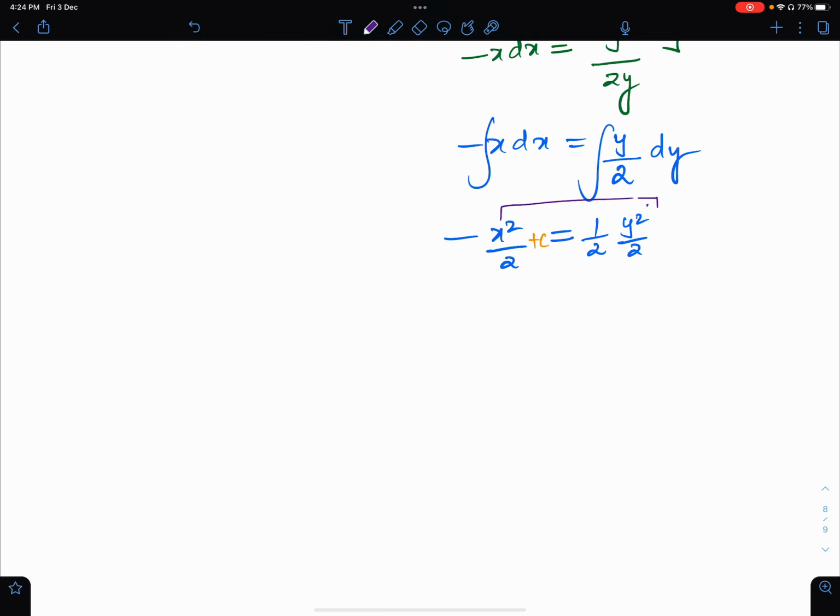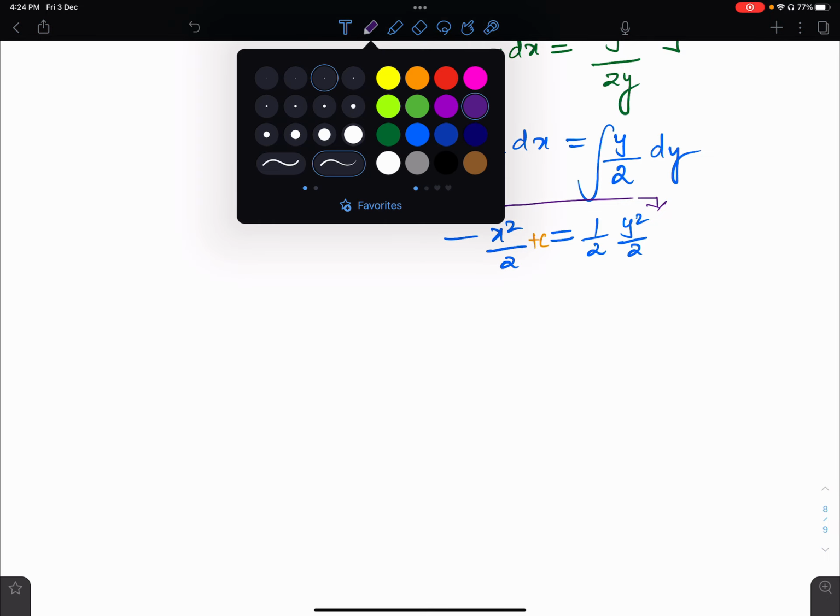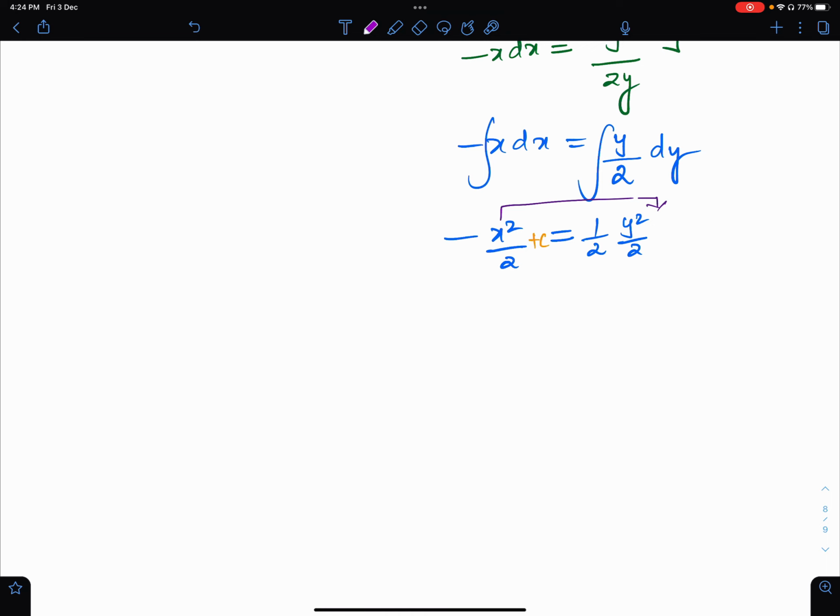Now take it to this side. What do you get? You will get y square by 4 plus x square by 2 is equal to c. That's all. This is the answer. If you want to simplify, you can, but no need. It is the orthogonal trajectory.